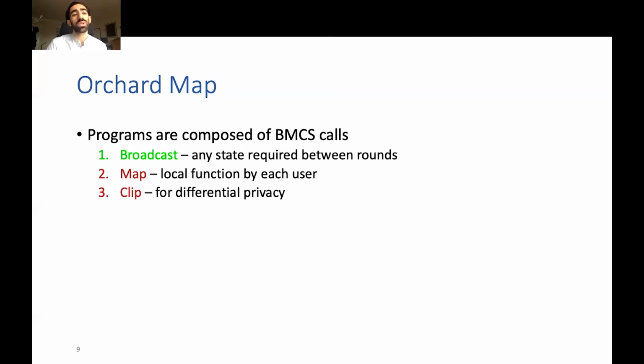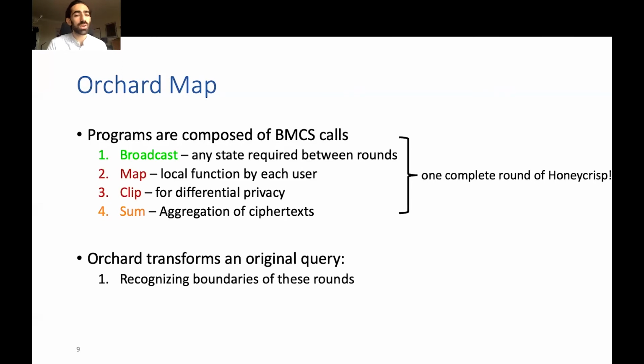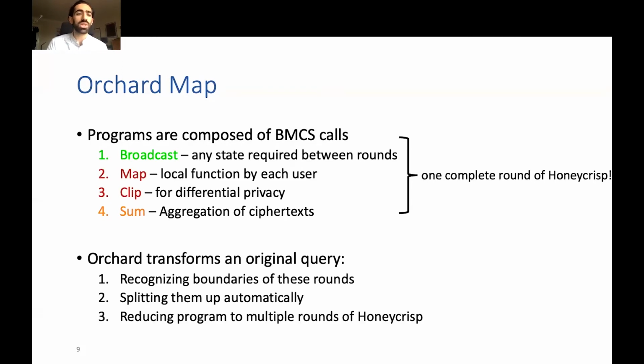Each user may also clip their data for differential privacy purposes. And then sum, which is operations on the aggregation of ciphertexts. And together, this forms one complete round of Honeycrisp. So Orchard will transform an original query by recognizing the boundaries of these different rounds, splitting them up automatically, and then reducing a program to multiple rounds of Honeycrisp.